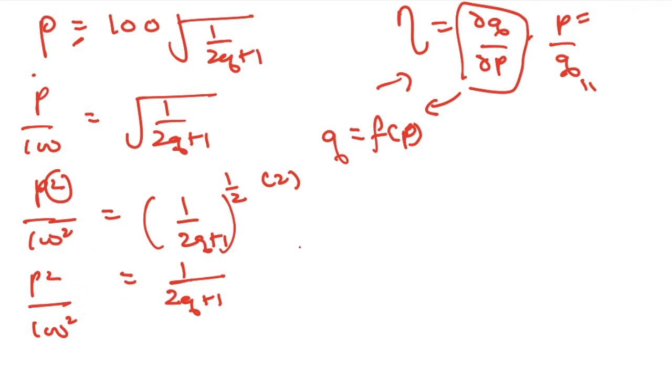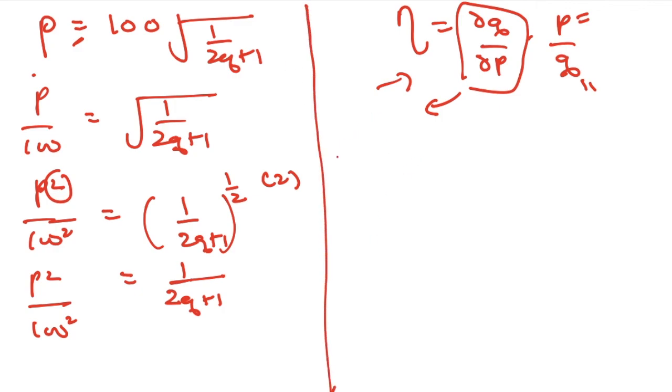Okay, let me erase this one. I continue here because I don't have enough space. Then I can cross multiply: 2Q plus 1 is equivalent to 100 square over P square.